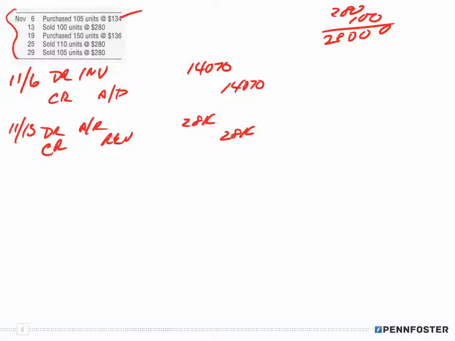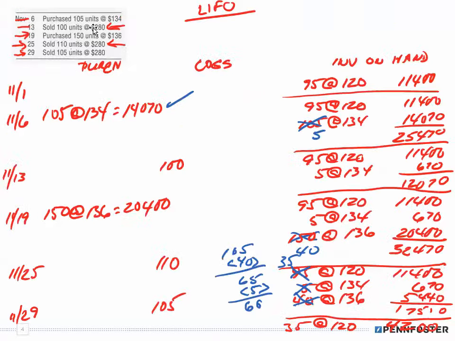And when we make the sale, remember I had said we took them out of inventory, so we have to adjust our inventory. So our inventory goes down, so I credit my inventory, and the amount of my adjustment to the inventory is, we took 100 and they were at $134. Okay, so we have the 100 at 134.